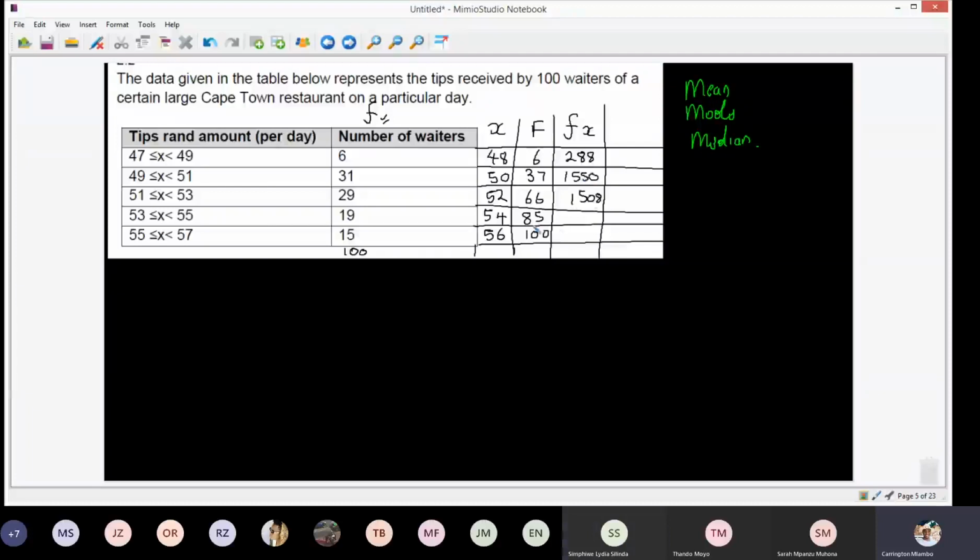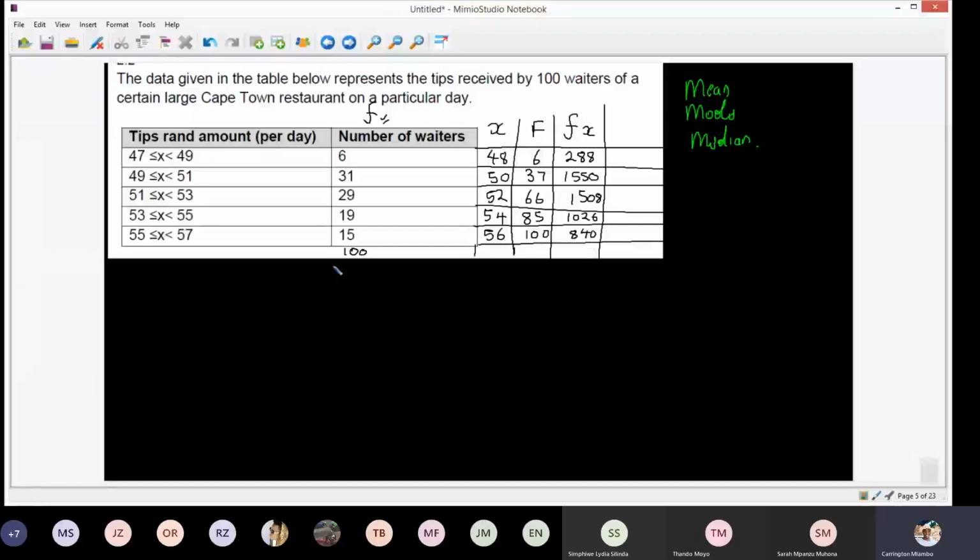Then you have 19 times 54, you have 1026. Then you have 15 times 56, you have 840. Then you find the total: 288 plus 1550 plus 1508 plus 1026 plus 840.